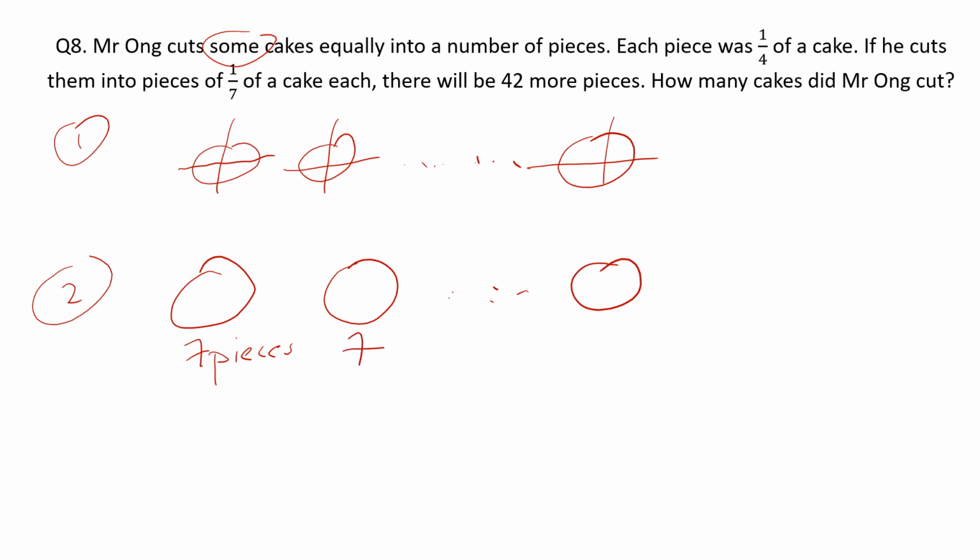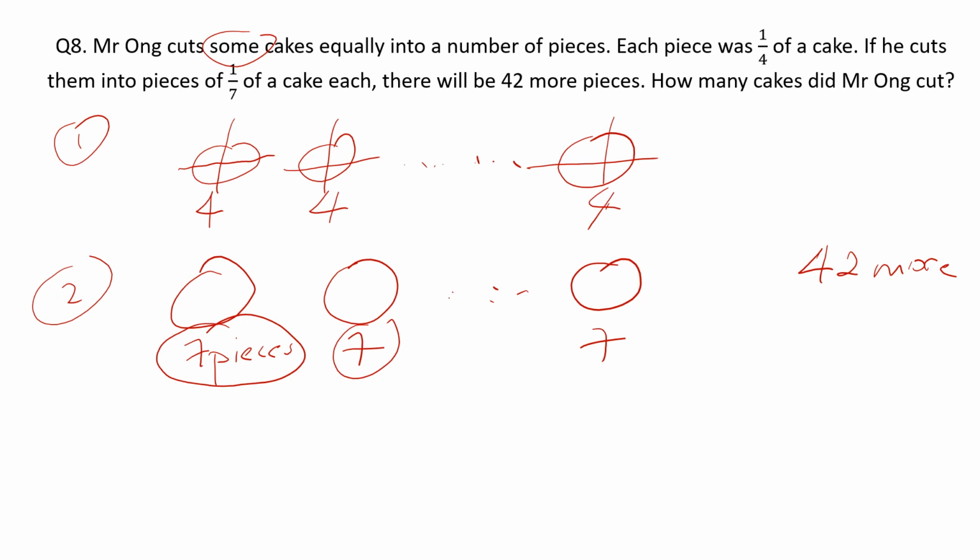So 7, 7, 7. At first, there were 4 slices, 4 slices, 4 slices. If he were to cut into 1 out of 7, that means 7 pieces per cake, he will have 42 more. How many cakes did Mr. Ong cut?